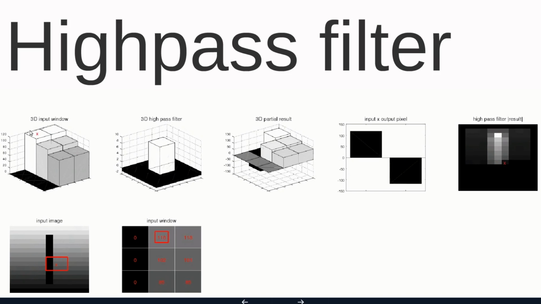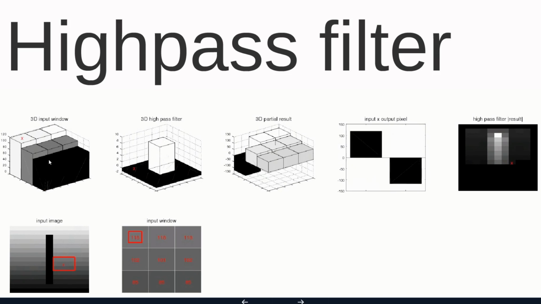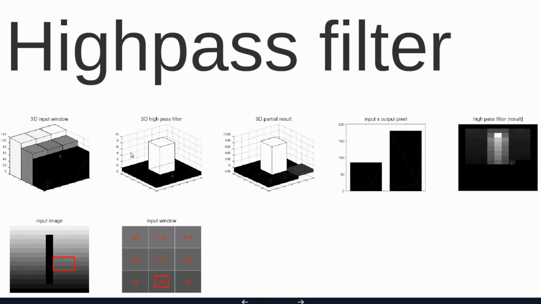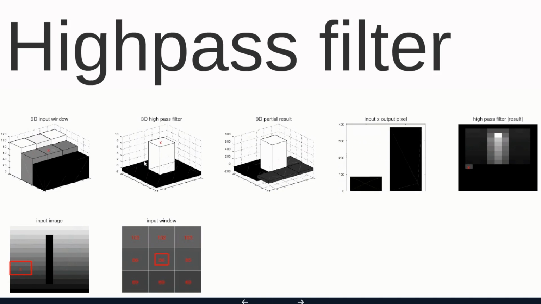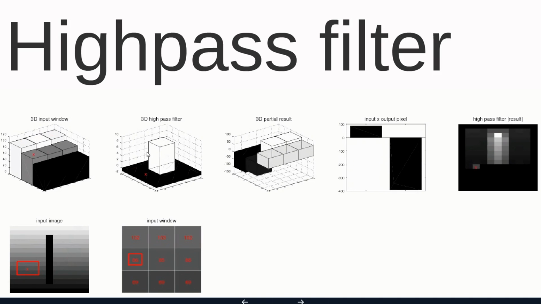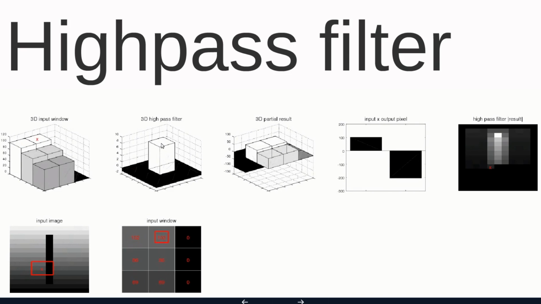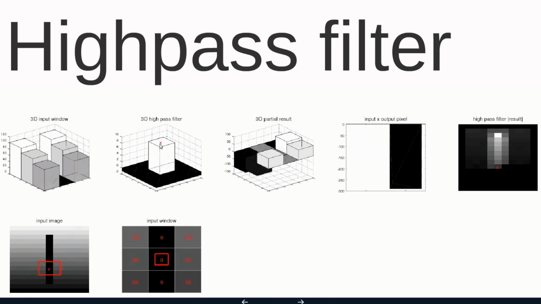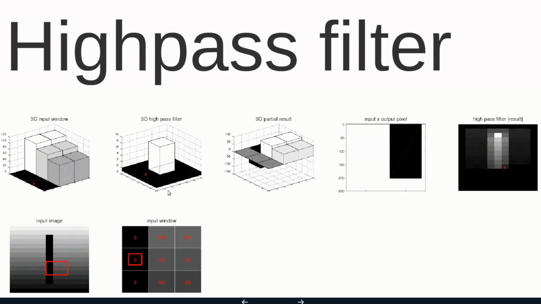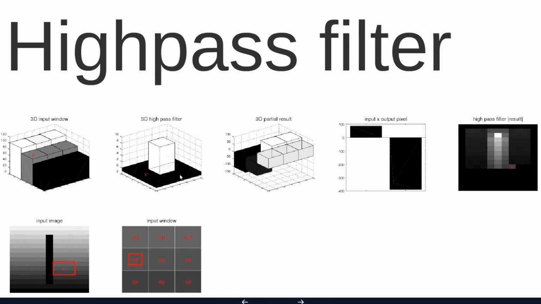Here we provide a three-dimensional visualization of the input window and also a three-dimensional visualization of the filter. All the weights are defined according to this equation. The center has a high value, the number 9, and all the neighboring pixels have a value of -1, as represented here.